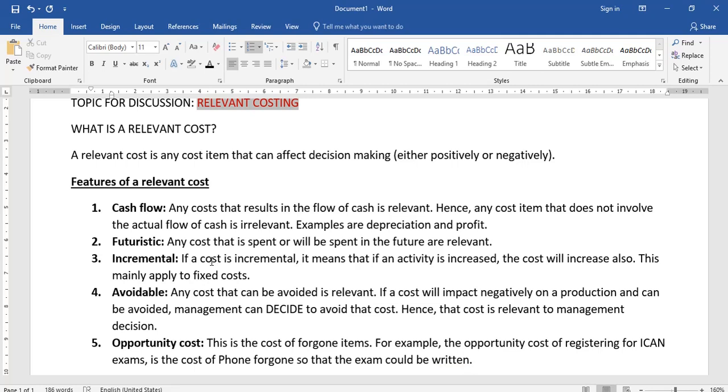So these are features of relevant costs.